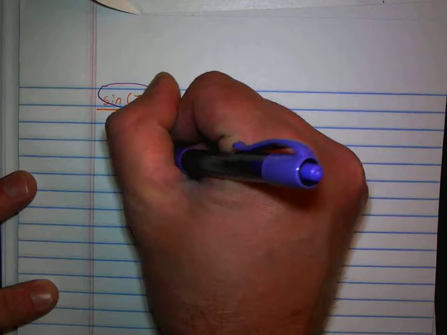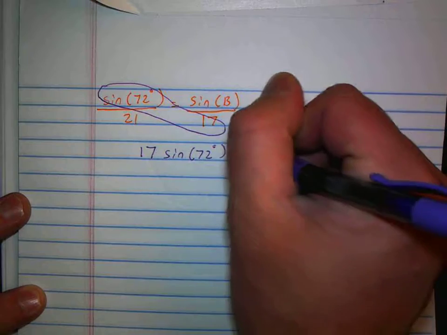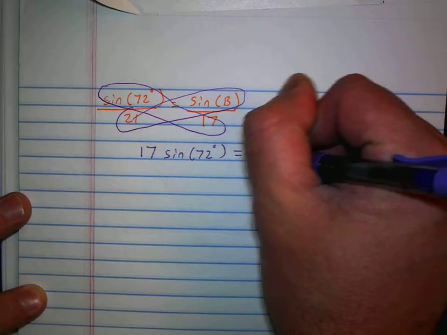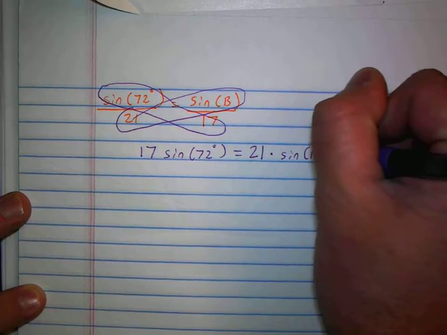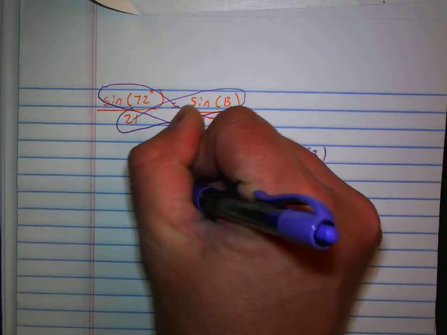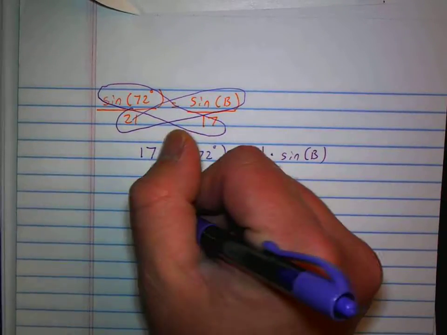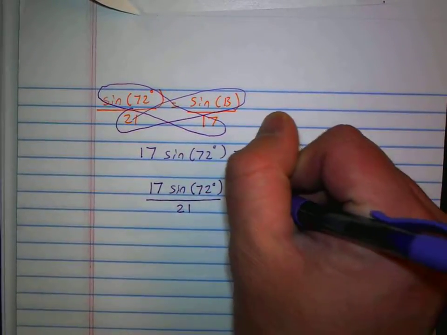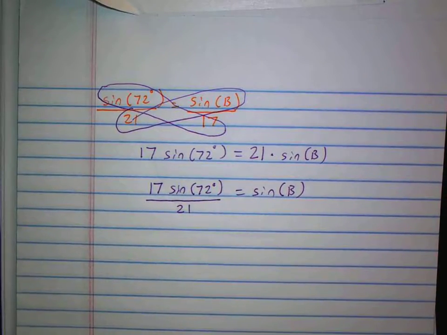You get 17 times the sine of 72 equals 21 times the sine of B. Now to get sine of B by itself, it has a 21 in front of it, so divide both sides by 21. Again, all I did was divide both sides by 21.